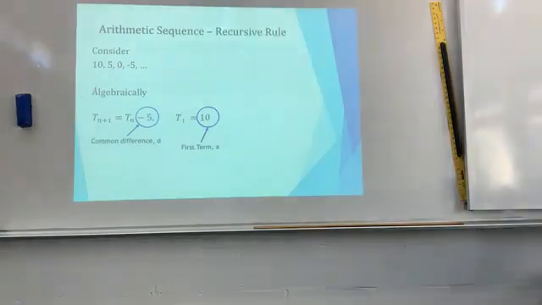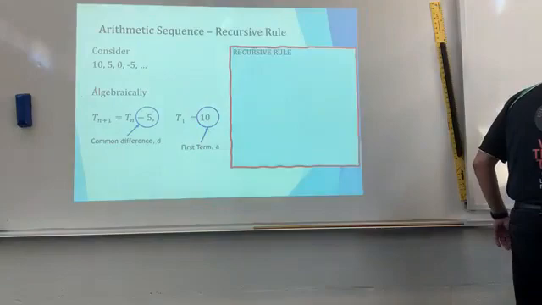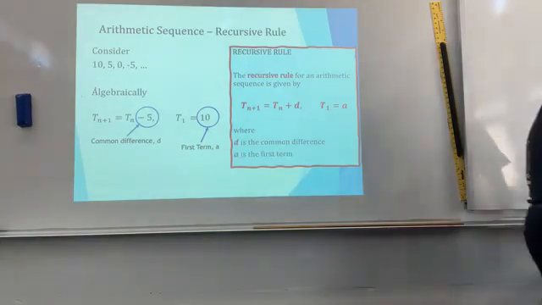Therefore, coming to the whiteboard here. When we have a recursive rule, Tn plus 1 is Tn plus D, the difference, and T1 equals A. Always specify the first term. All right? This will be in your formula sheet. All right, this box is important.